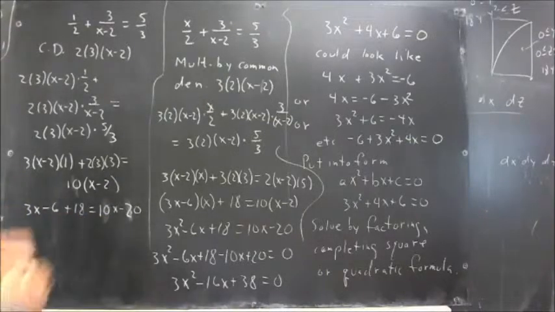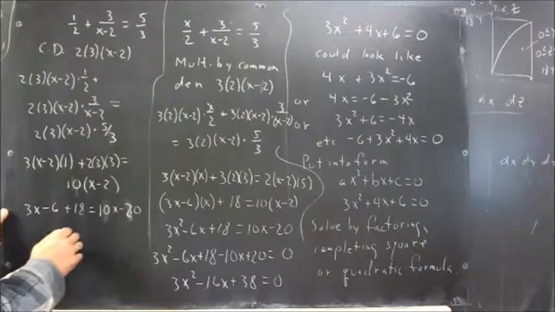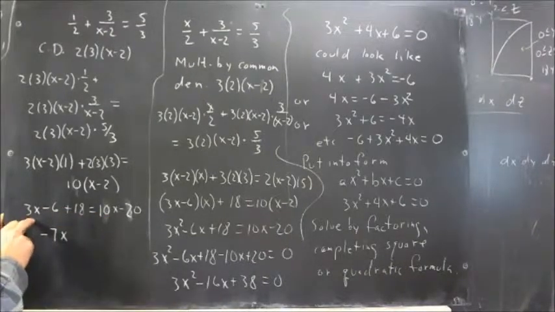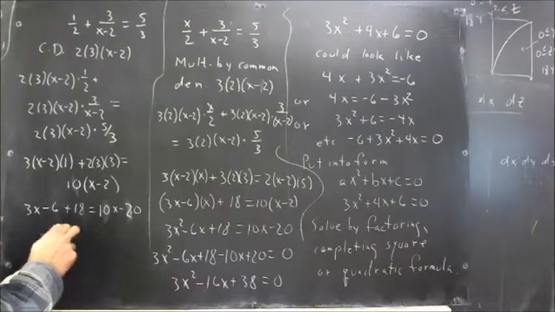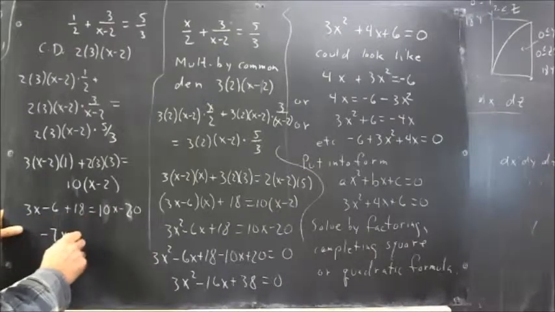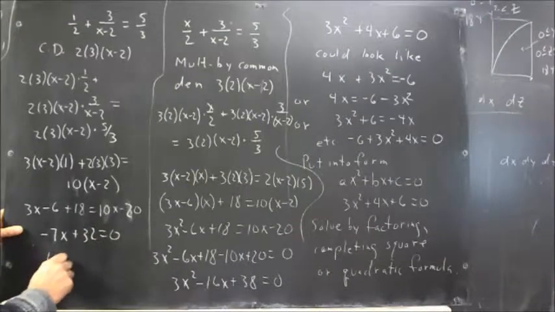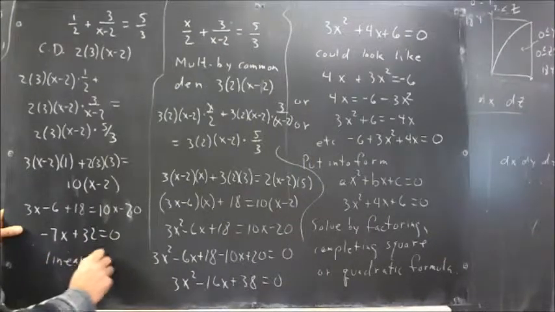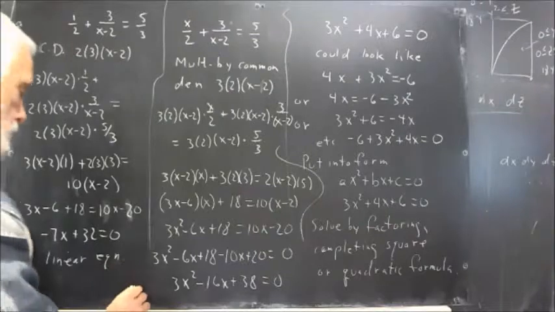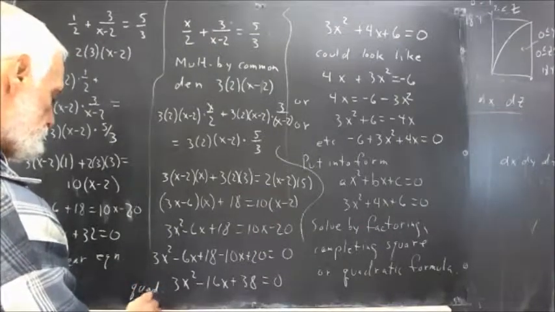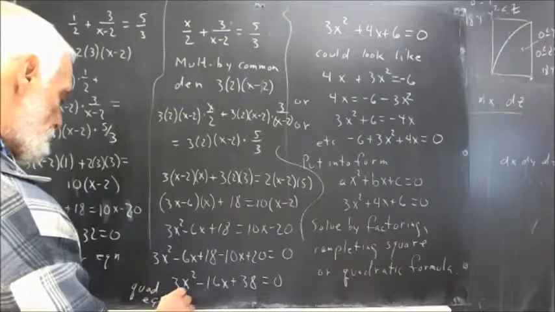Okay, so anyhow, when we simplify this, it should be clear that we're going to get negative 7x, subtracting the 10x, adding the 20, we're going to have 38, we're going to have minus 6. And we get a linear equation, whereas before we got a quadratic equation.